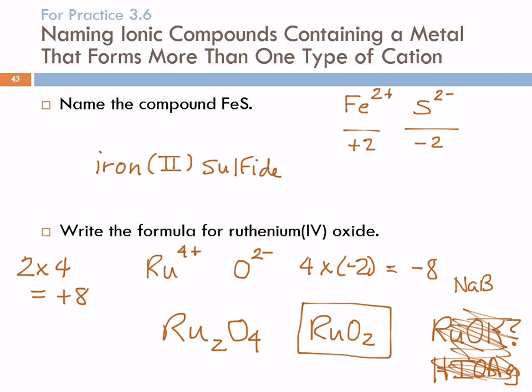The reason why we got 4 is just because it gives it to us? Or is there more? Why we got this 4 here? Yeah, that's because of the Roman numeral. This Roman numeral tells us what the charge is. We need this Roman numeral because we can't figure it out from the periodic table. So whatever the Roman numeral is, that's the charge.